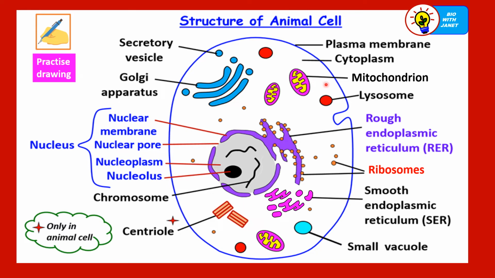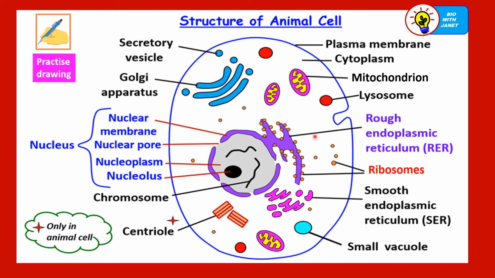Okay, and next we have the lysosomes, which are bags containing hydrolytic enzymes that can hydrolyze or break down complex organic molecules like protein and lipids. So these lysosomes can digest complex organic molecules and also break down bacteria and also damaged components in the cell, like damaged mitochondria.